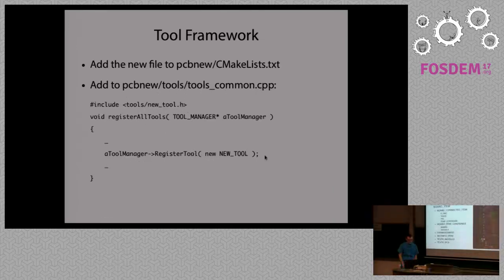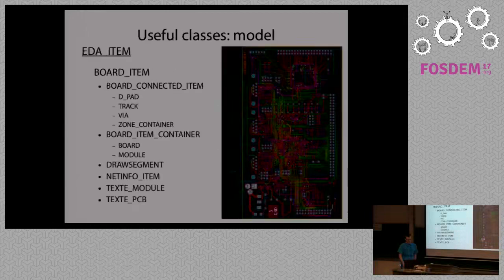About useful classes, everything in KiCad that you can modify, I mean for model, is based on EDA item. It's a quite vast hierarchy. So here I can only show you the items related to layout.